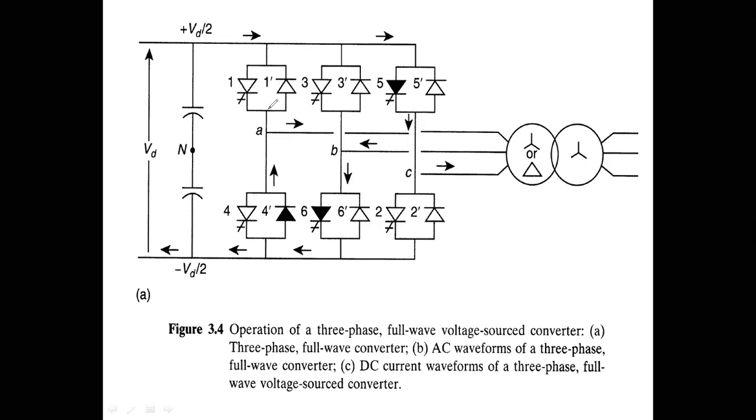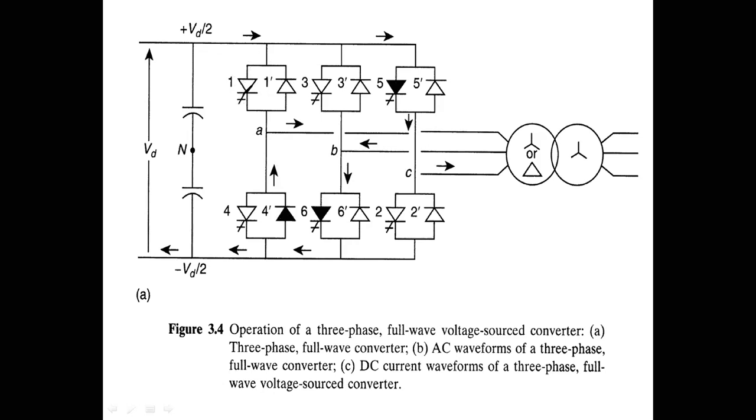Whenever the turn off device is conducting, you will get the current direction from the positive DC terminal to AC. Whenever current is going into the DC terminals, it goes via 1 dash, remember. That is why we have the diodes anti-parallel to the turn off device.